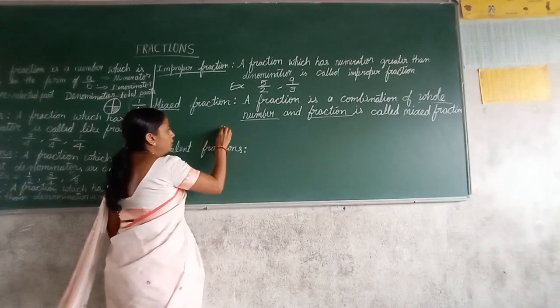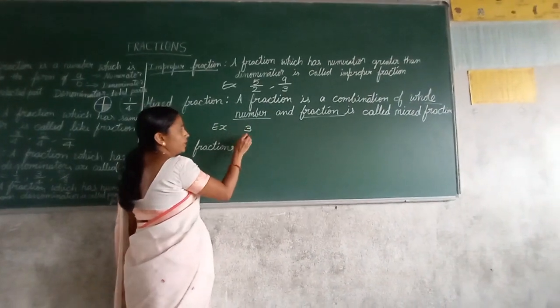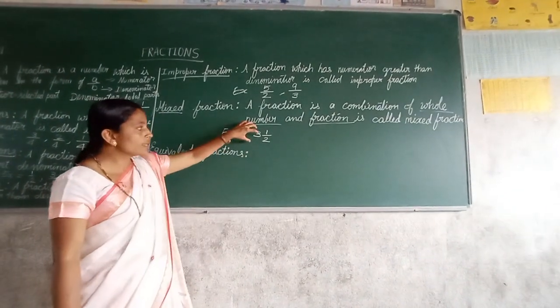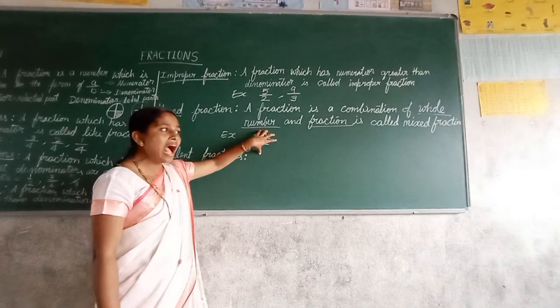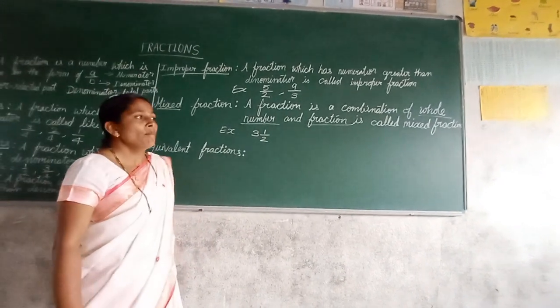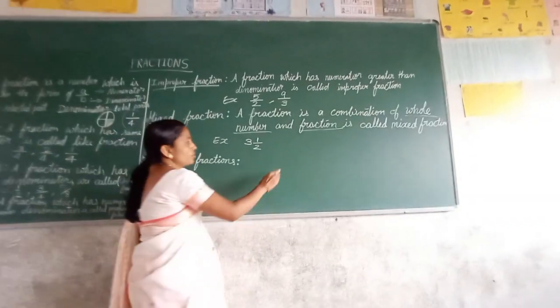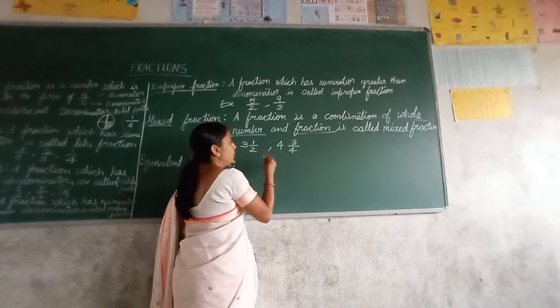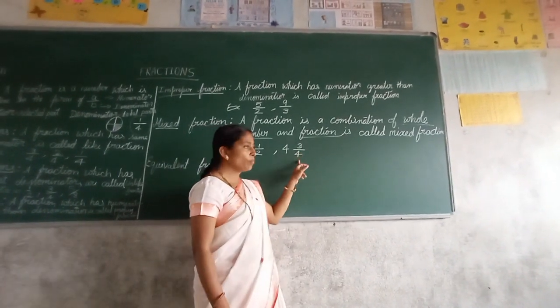For example, you can see 3 1/2. Here 3 is the whole number, half is the fraction. So it is called a mixed fraction. Or you can take another one. Example 4 and 3/4.